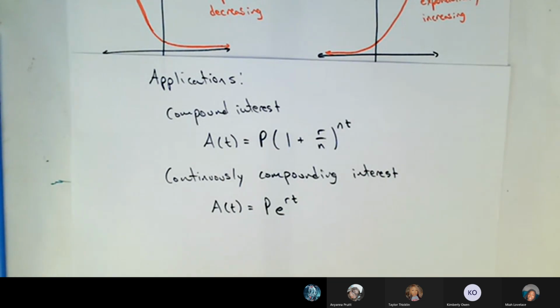This is about as far as we went with exponential functions. We looked at some examples, we graphed some, and then applications to savings accounts, the amount of interest earned in a savings account, which is what these formulas would be used for.